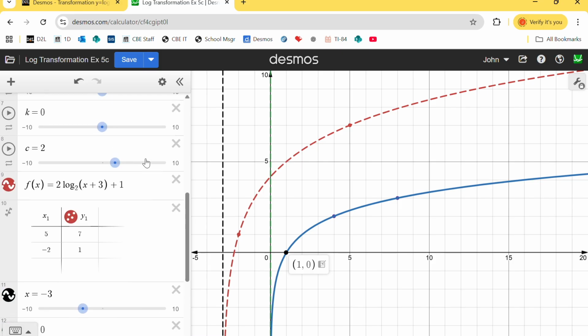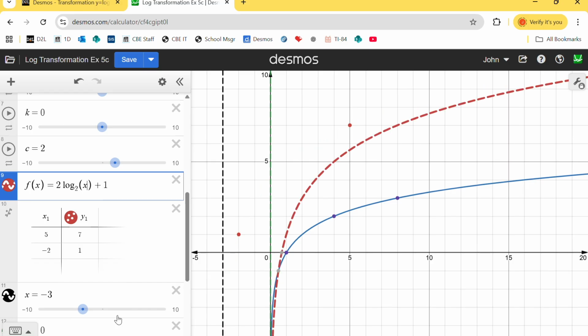And when I look at this, then point -2, 1 becomes 0, 1.